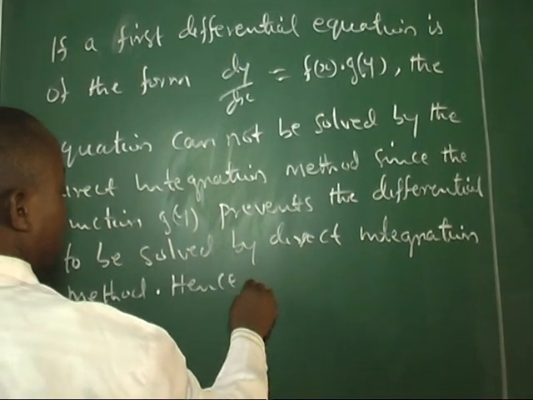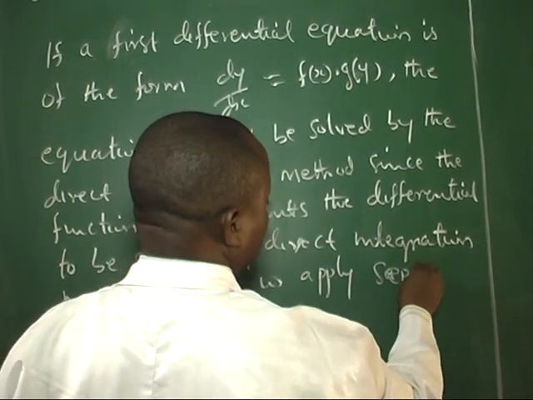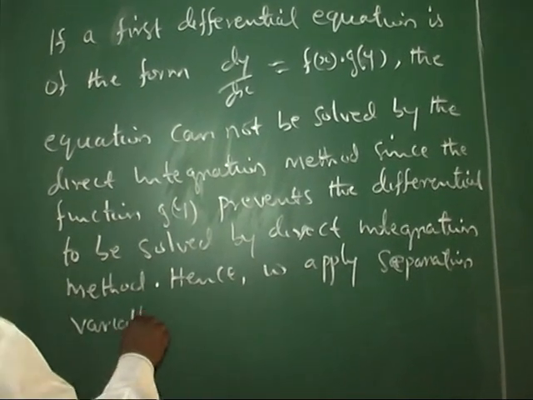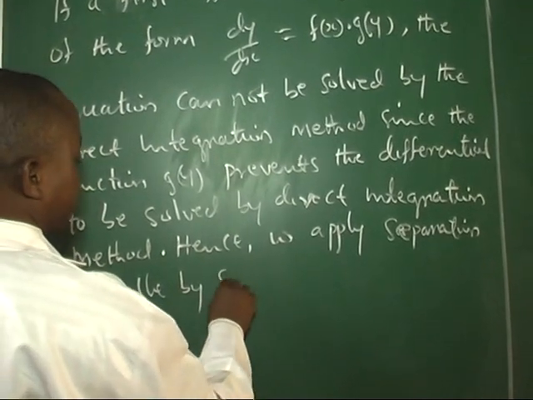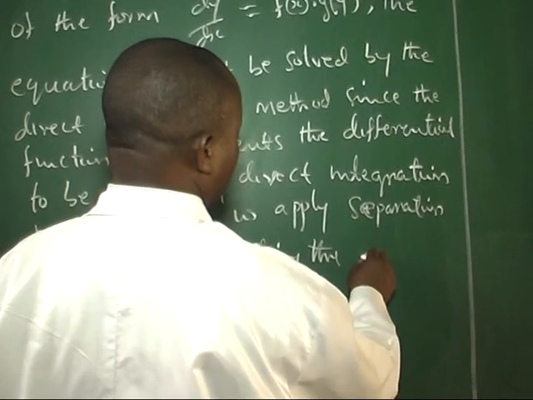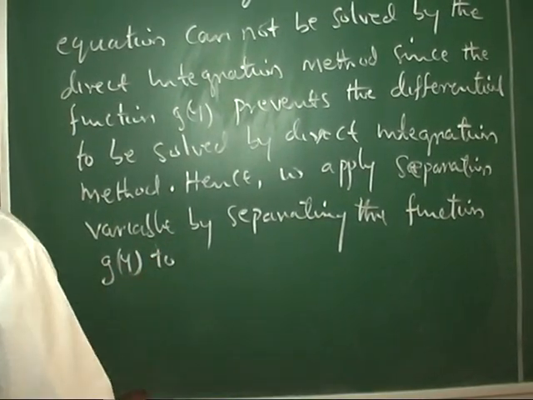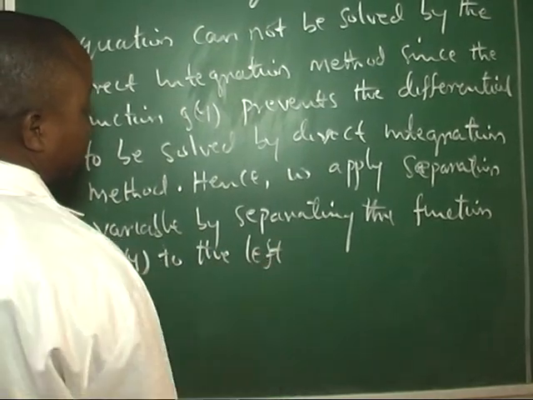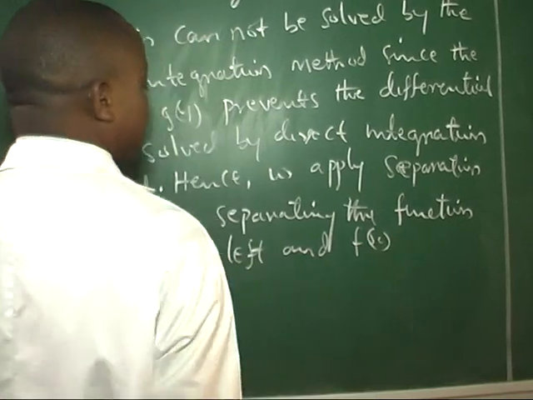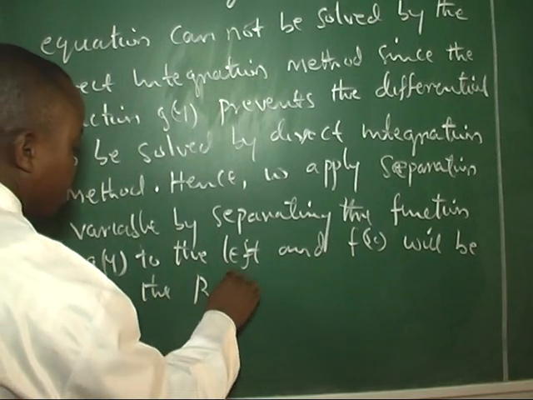Hence, we apply separation of variables by separating the function g of y to the left hand side, and f of x will be in the right hand side.